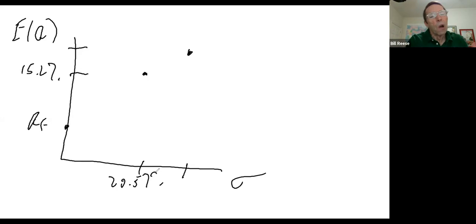So really, you can think of it, the 20.57% is 60% of the way over to the standard deviation of the risky asset, which was 34.29%. And the 15.2% means that 60% of the risk premium on the risky asset is given to this portfolio. So here's the risk premium on the risky asset.